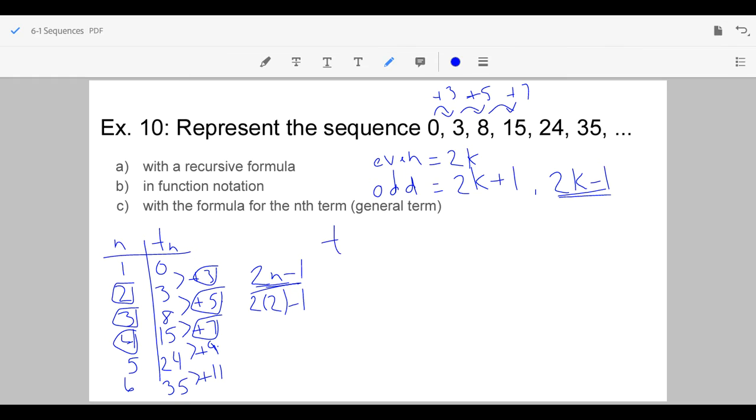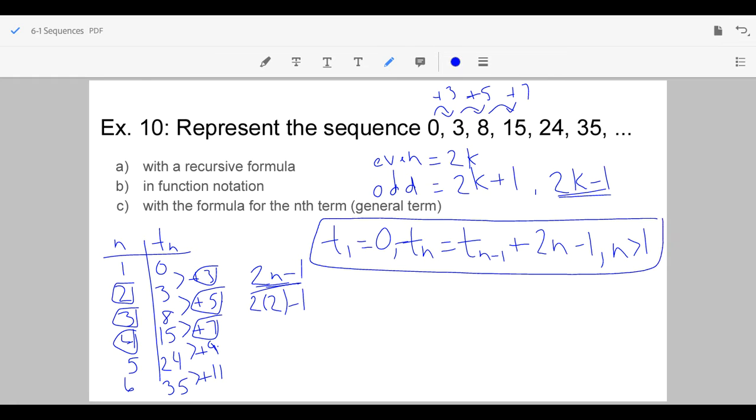Okay, recursive. Term 1 is 0. Term n is term n minus 1, so the previous term, plus 2n minus 1. So this whole thing that we just talked about here. And n is greater than 1. This is the entire recursive formula for this sequence.